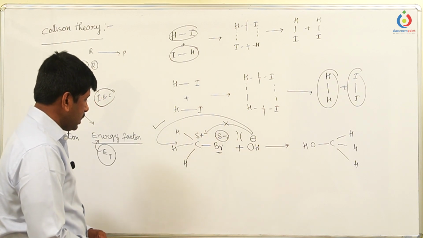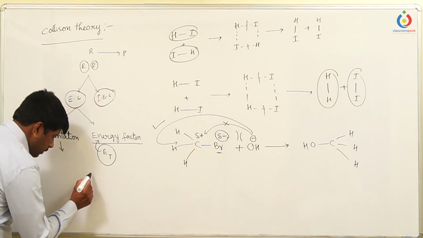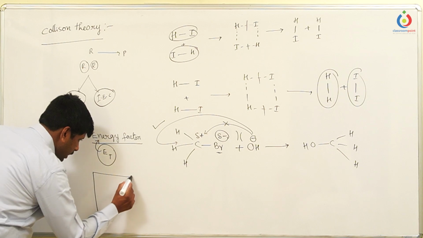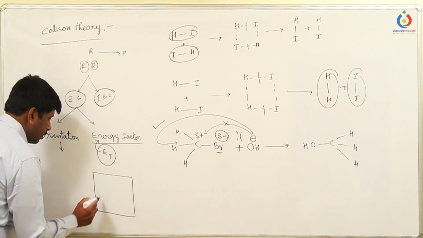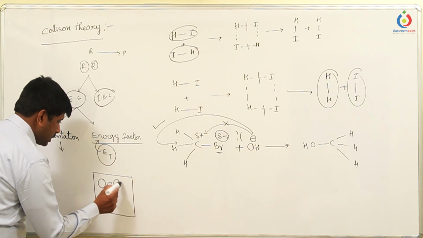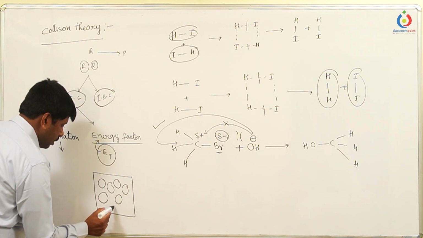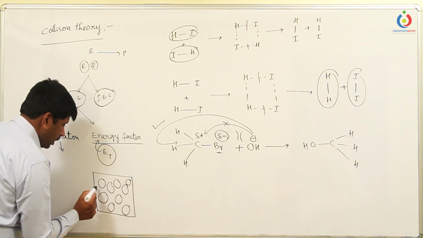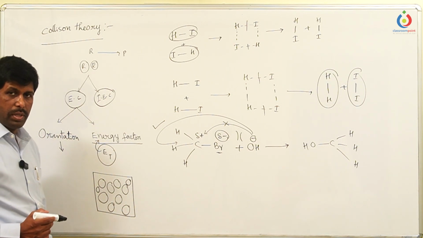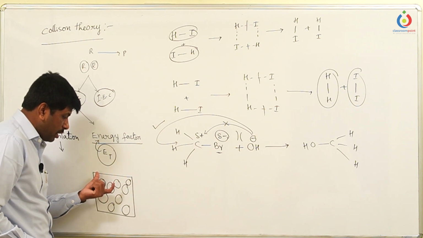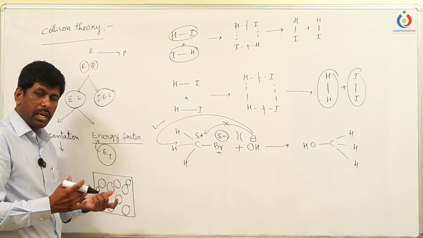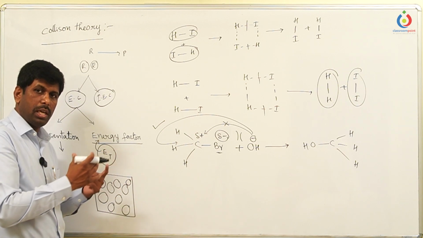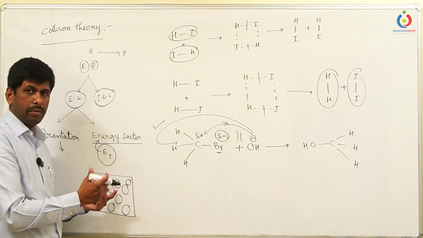Now, let us see collision frequency. Collision frequency says that in a given volume, the number of collisions that happen is called the collision frequency. In a given unit volume, if more collisions are happening and giving the products, the collision frequency is higher.